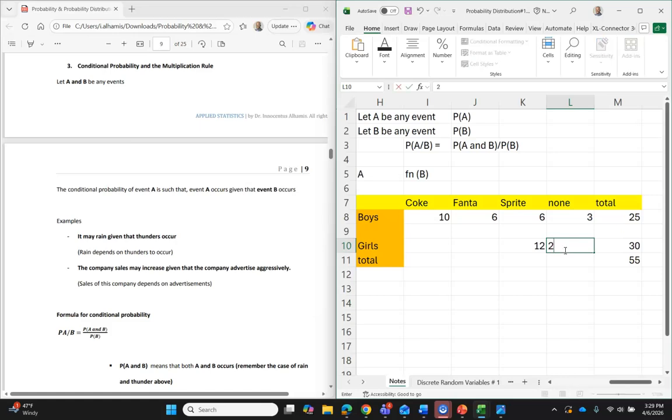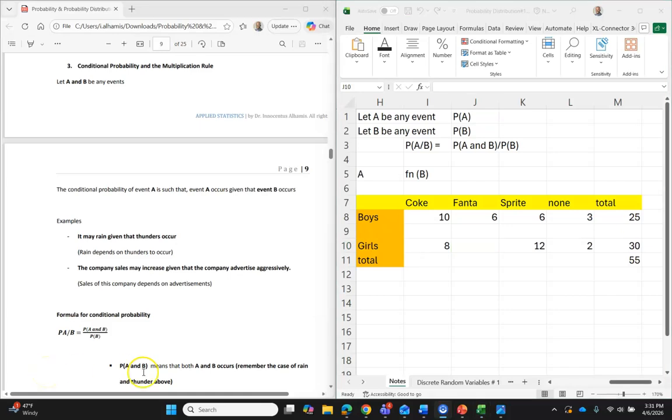Let's go with 2. 2 of them, they don't take soda. And let's put another value here. Let's go with 8. And so you can see we have 12 girls that drink Sprite, 2 none, and 8. So that means 22 students already. 12 plus 2 will be 14, plus 8 will be 22.